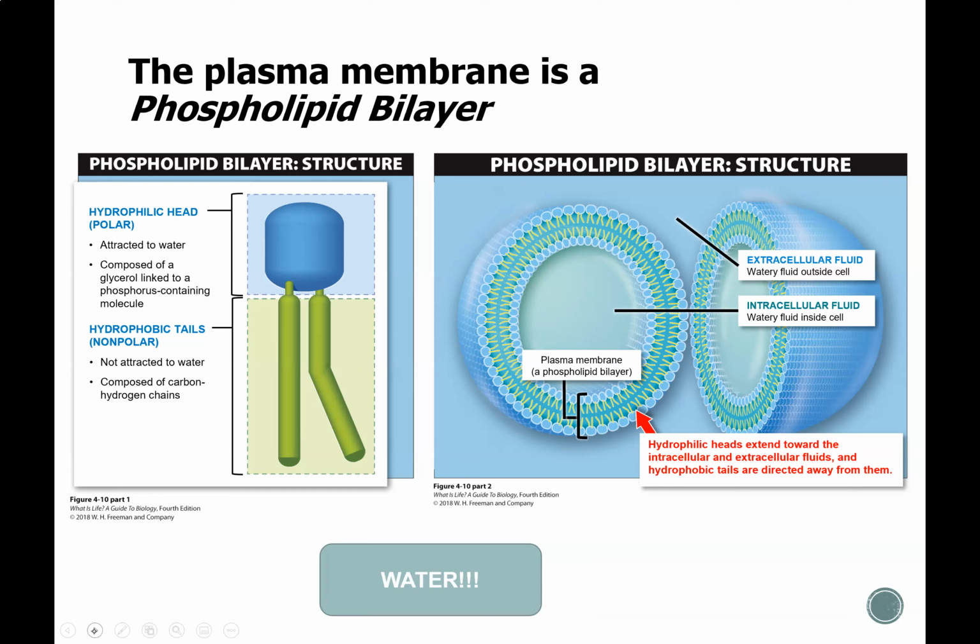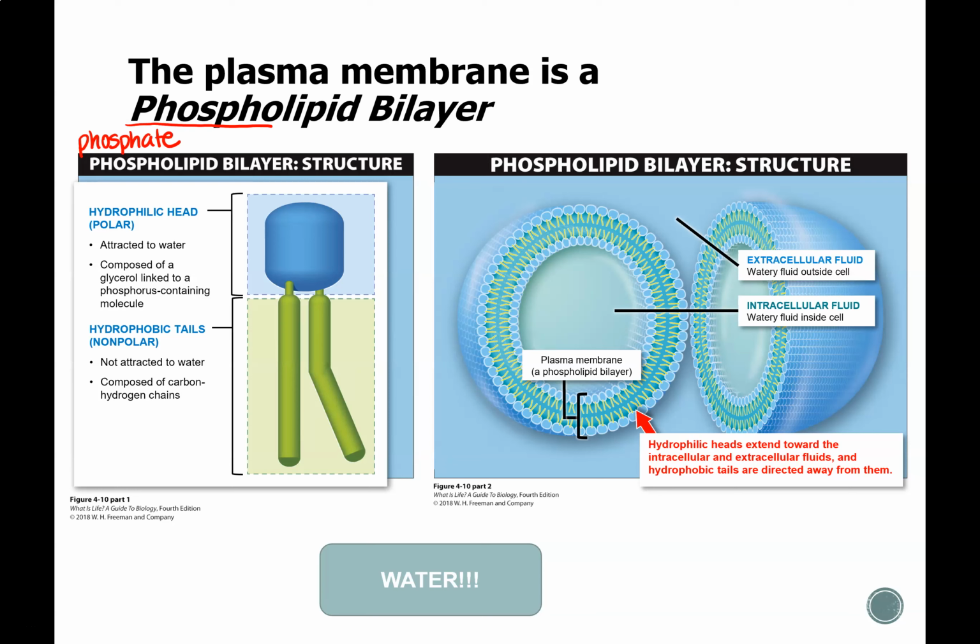So let's break this down and see what on earth all these words mean. Phospho means phosphate or phosphorus. Now, we skipped the two chemistry chapters in our textbooks, chapter 2 and chapter 3, because at SWIC we feel like you don't necessarily need all of that chemistry to understand the biology.